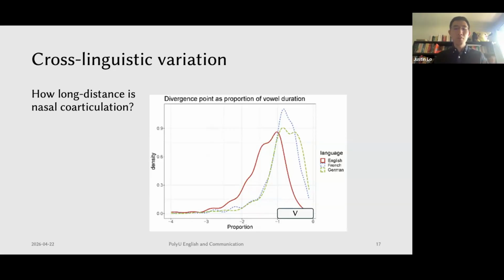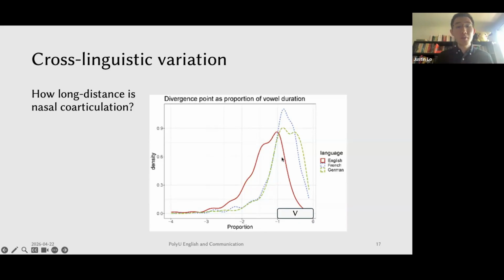If we got to -2, that's twice as long as the vowel. First of all, in both French and German, the peaks are primarily within the vowel itself, very close to -1, meaning that most of the vowel in both languages is nasalized.